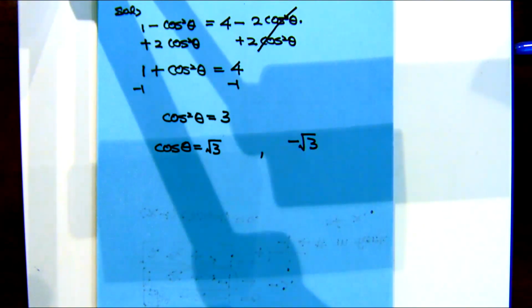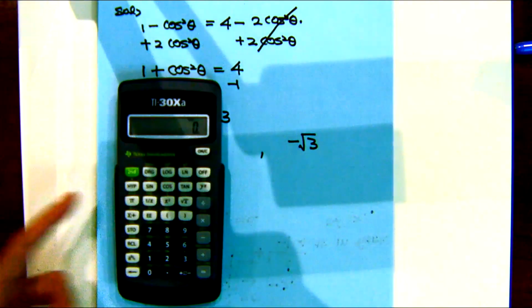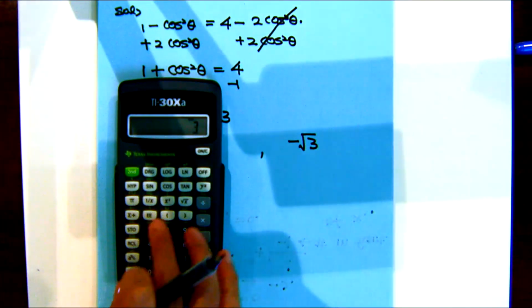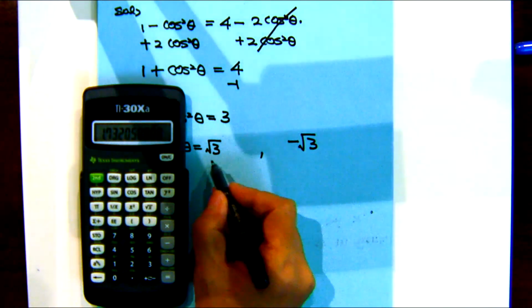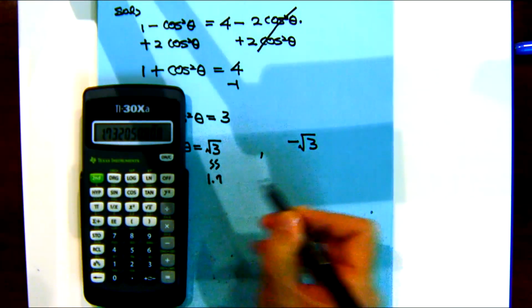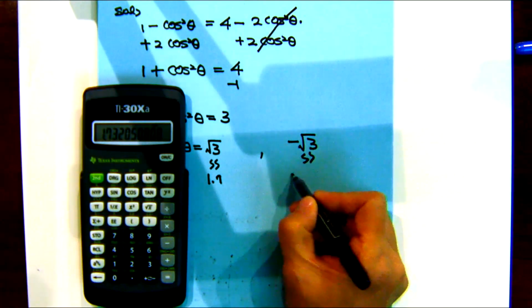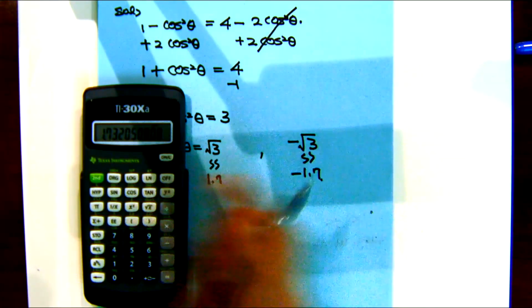And when you evaluate square root of 3, we are getting about 1.7. And for this one, negative 1.7, right?